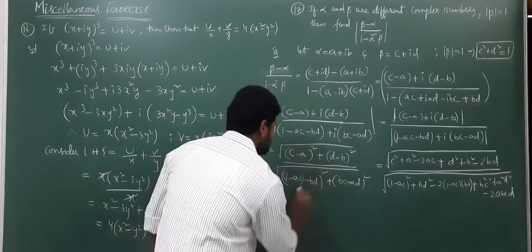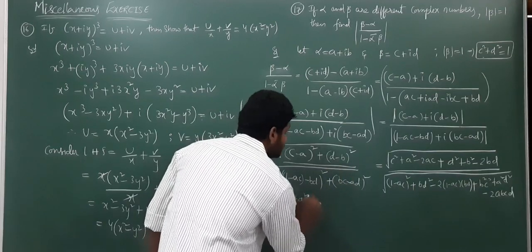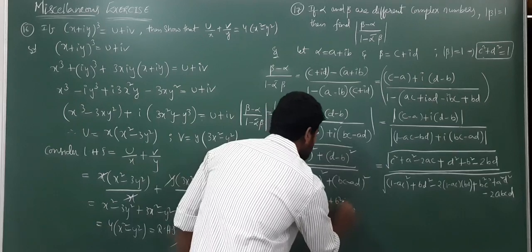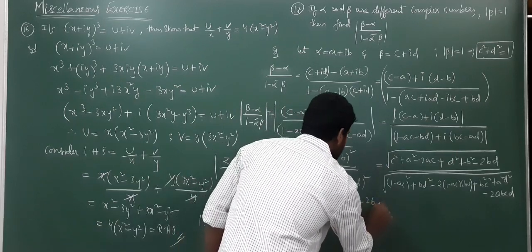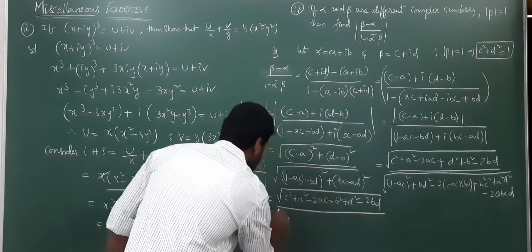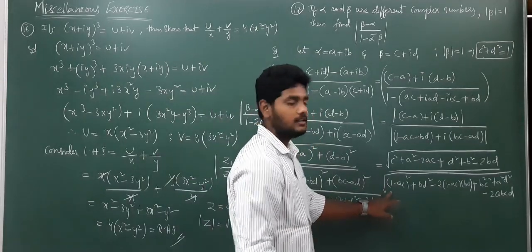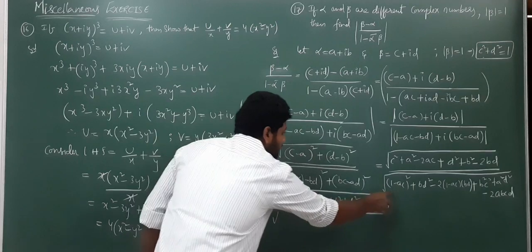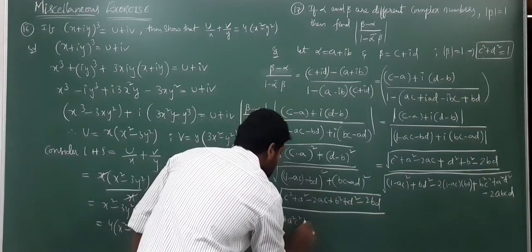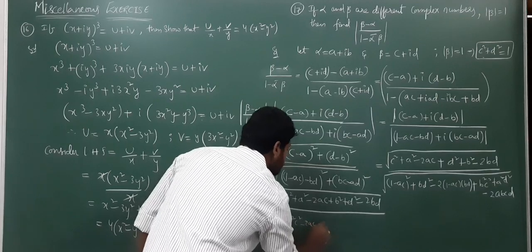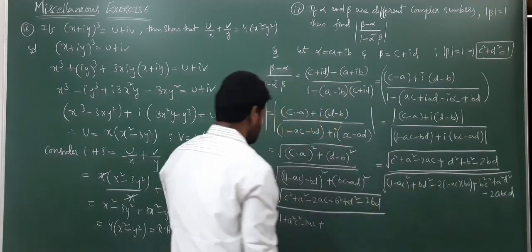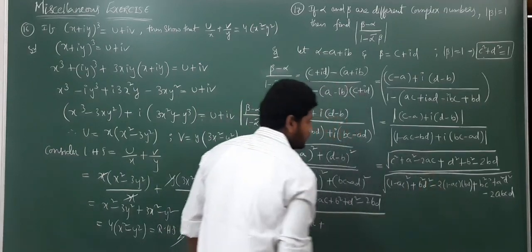So which will be c square plus a square minus 2ac plus b square plus d square minus 2bd divided by square root of, so simplify this one again. So this is 1 minus ac whole square. Now again 1 square plus a square c square minus 2ac, plus this is bd, right? bd is nothing but b square d square.